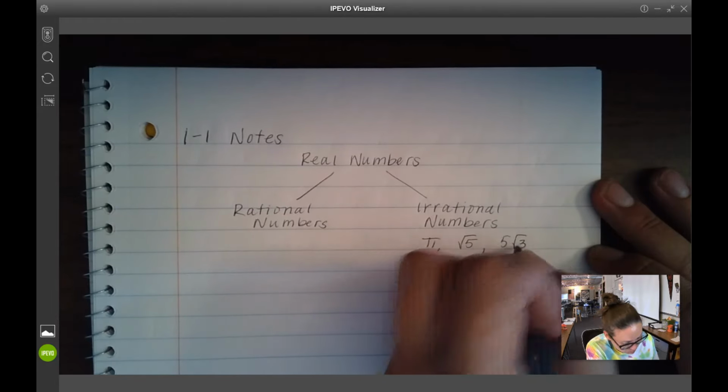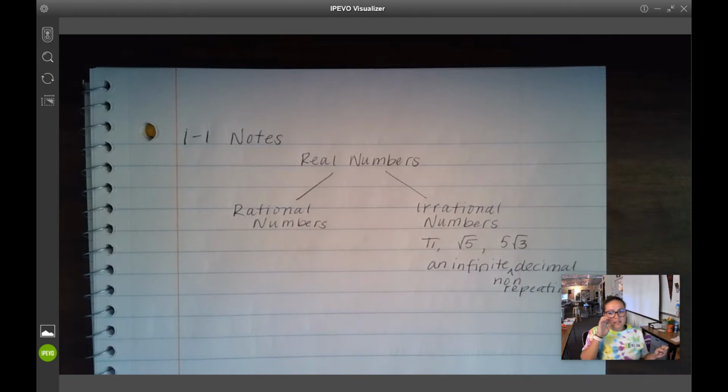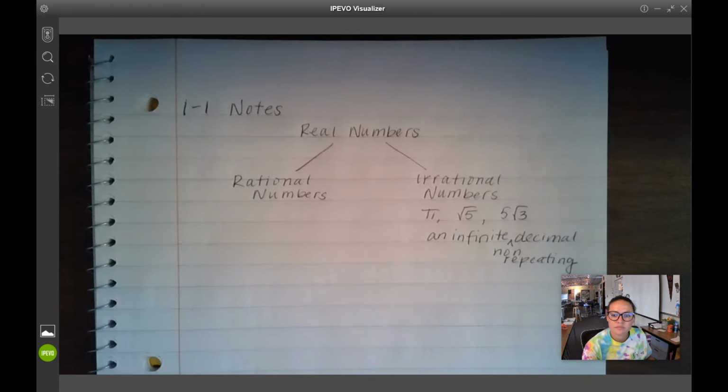Basically, anything that has an infinite, non-repeating decimal. And anything that isn't an irrational number is a rational number. Okay?